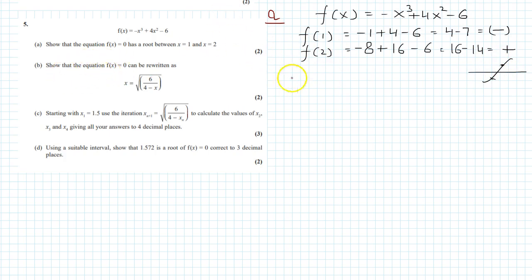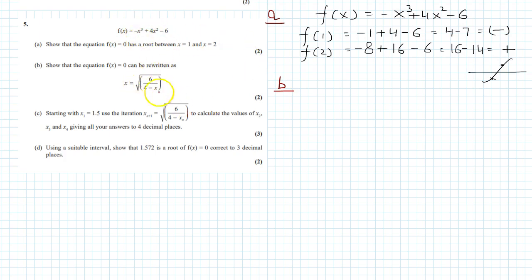Part B. Show that x is equal to the square root, x squared, and there's no x cubed here. So in such a case, I think we have to take x squared common, so x will remain inside.